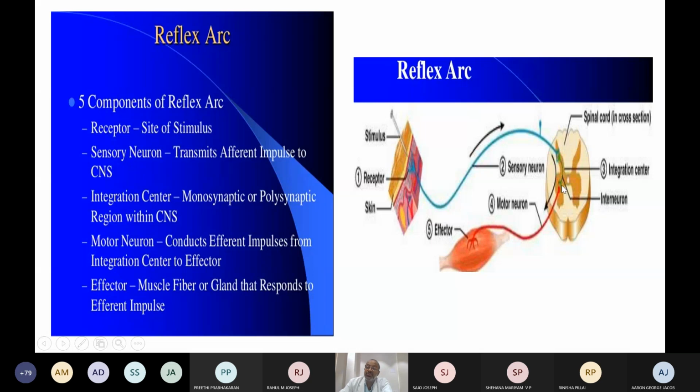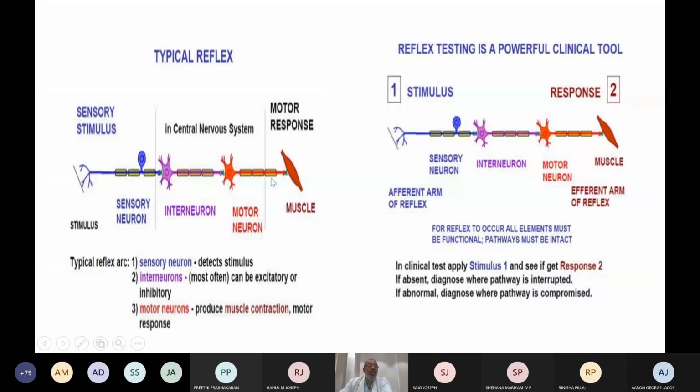Integrating center is providing the information to be carried through the efferent nerve, that is the motor nerve. From the motor nerve, the command is being brought to the effector. Effector accordingly behaves.